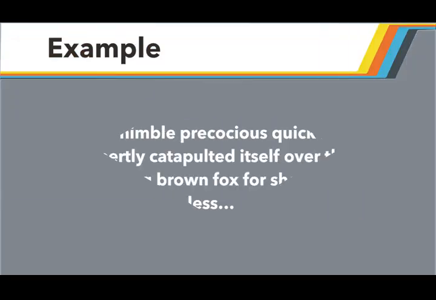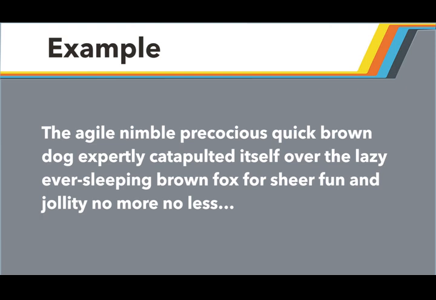Let's look at an example of what it means to summarize in a sentence. Read the following short paragraph quickly. The agile, nimble, precocious, quick brown dog expertly catapulted itself over the lazy ever sleeping brown fox for sheer fun and jollity, no more, no less.